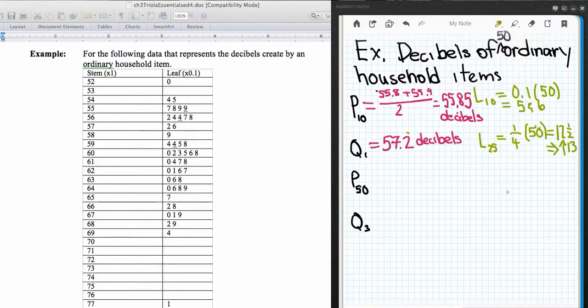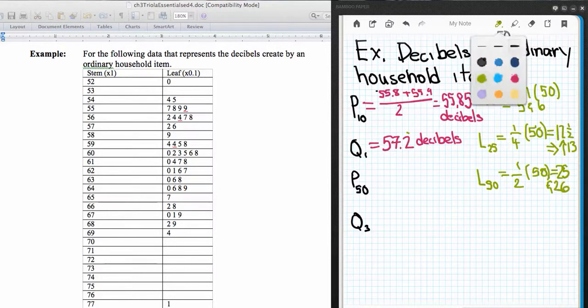All right, now to do my 50th percentile, L50, what I'm looking for is half the data. So half of 50, right, 50%, half is 25. Again, this is a whole number. When it's a whole number, I don't just stop there. I say, oh, I've got to have the 25th and the 26th data point averaged. So I'm going to look for the 25th and 26th. The 13th one was 57.2.